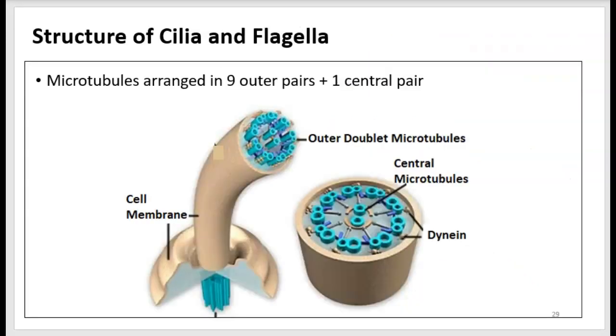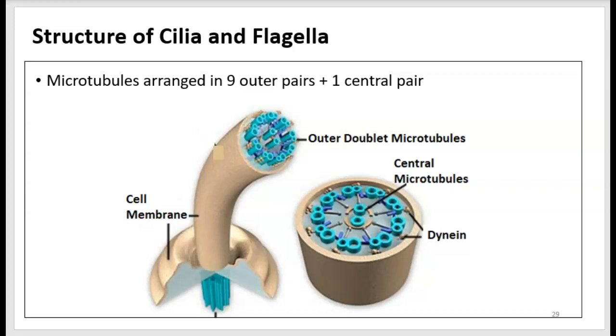Okay, now we're going to go back to microtubules again. Again, microtubules are all made by the centrosome. And another place we find microtubules are in cilia and flagella. So in this case, these two cell structures, cilia and flagella, have 9 pairs of microtubules surrounding one central pair in the middle.